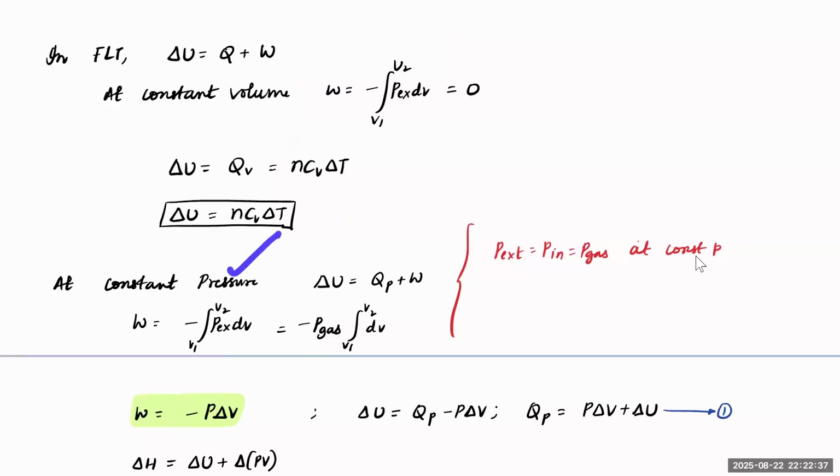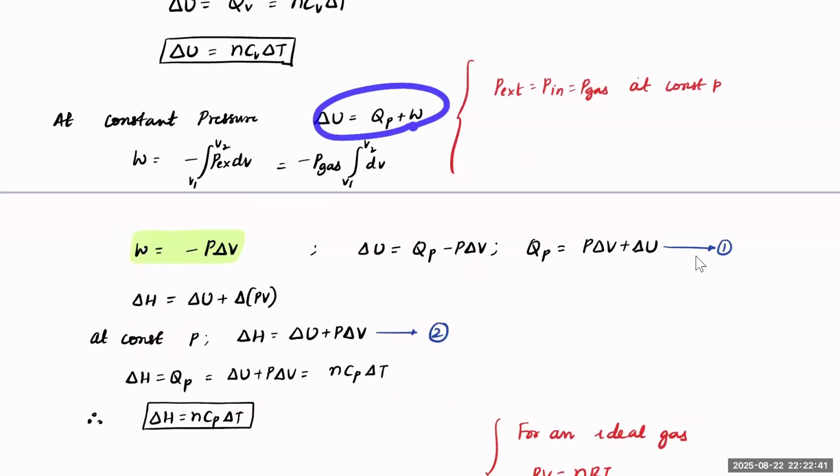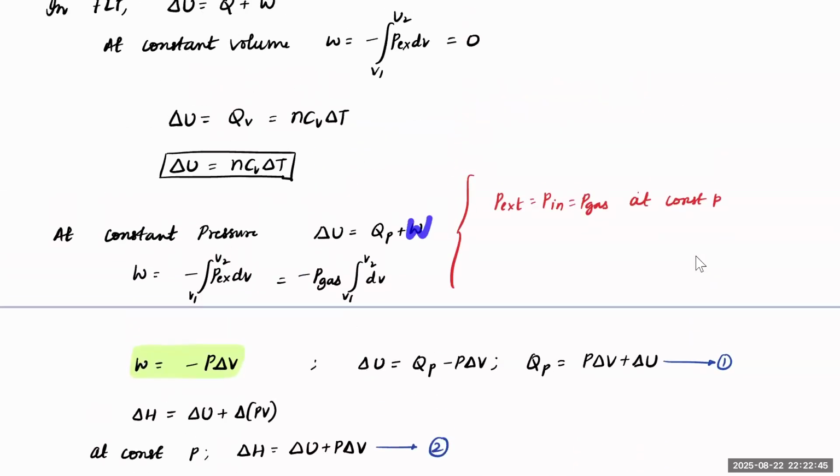If I write the same thing for constant pressure, delta U is equal to QP plus W. Not constant volume, so we cannot say work done is 0, because there will definitely be some change in the volume. And work can be written as minus P external into dV.